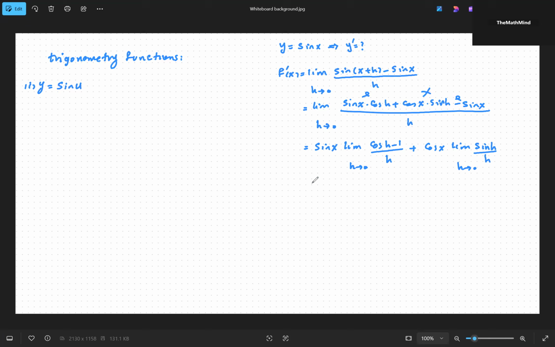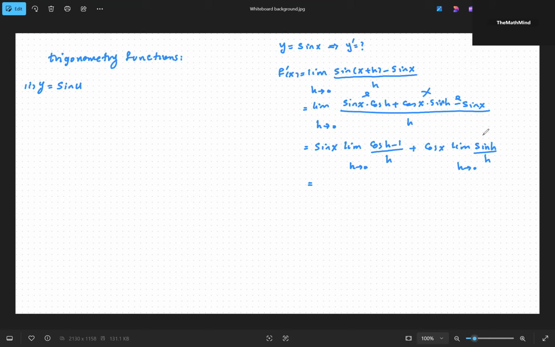Okay, now we use the limit strategies to solve these limits, and then simplify this as much as we can.